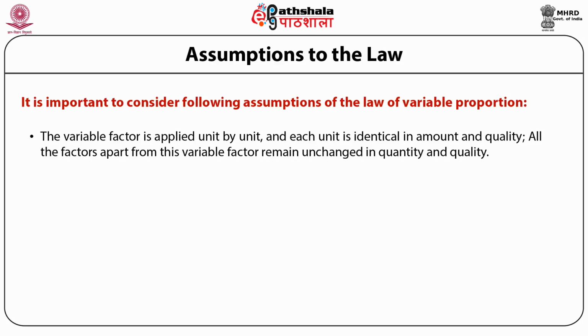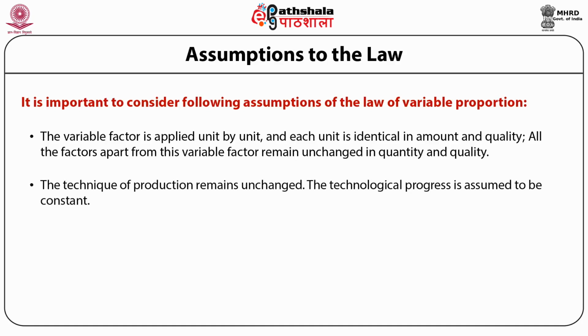All the factors apart from this variable factor remain unchanged in quantity and quality. The technique of production remains unchanged. Technological progress is assumed to be constant. The law specially operates in the short run.